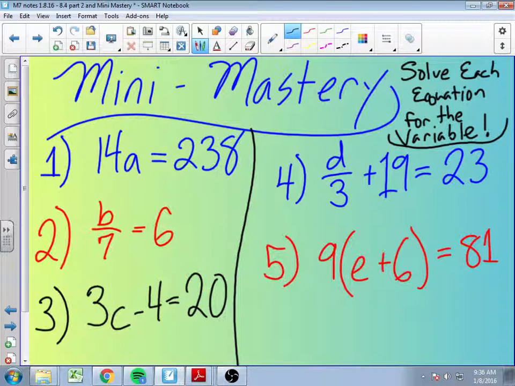So B, if I were to read this, it's B divided by 7. We're always thinking inverse operations. How do we undo what has been done? So since it's being divided, we just multiply by what it was divided by. Please stick up a hand if you're having issues.